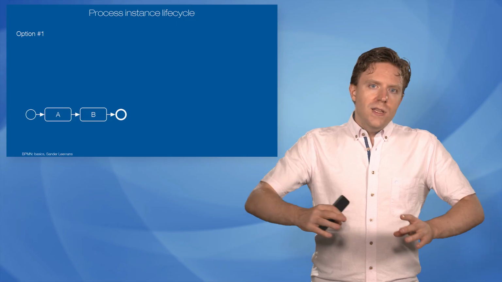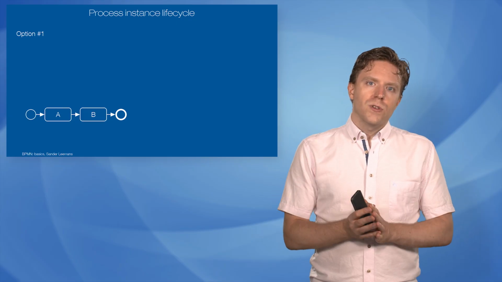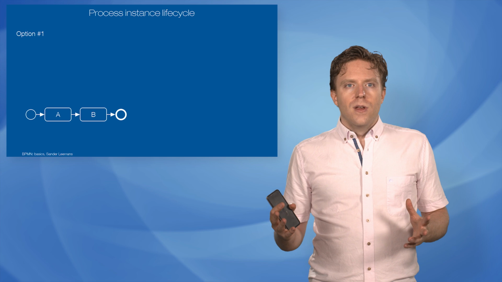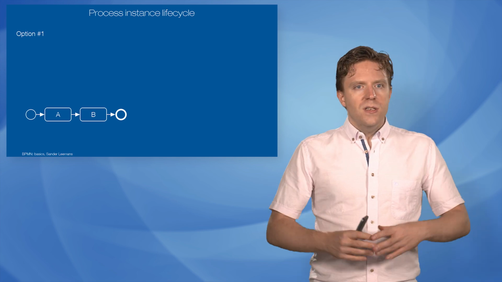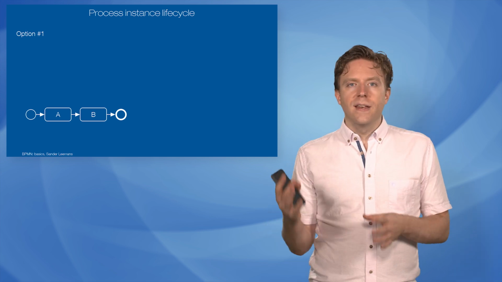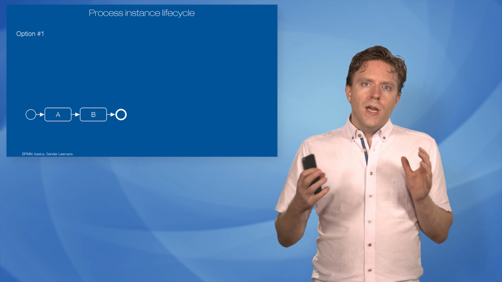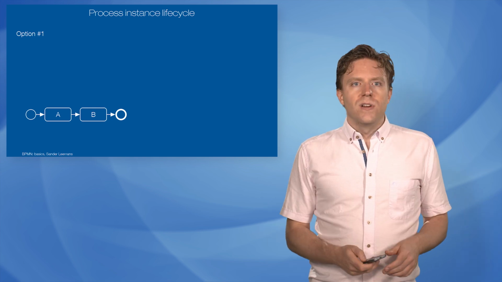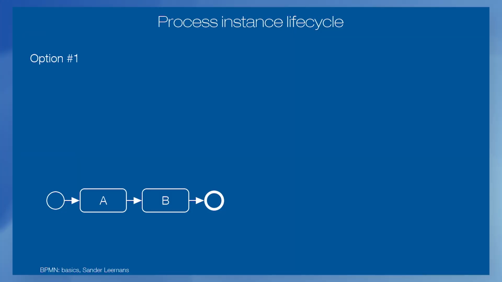If we look a little bit deeper into the process instance lifecycle, then the option we've seen is that we use a start event and an end event. You can use any number of start events and end events, and the process instance will start whenever a start event fires. So the environment will tell you, now we start with this start event.